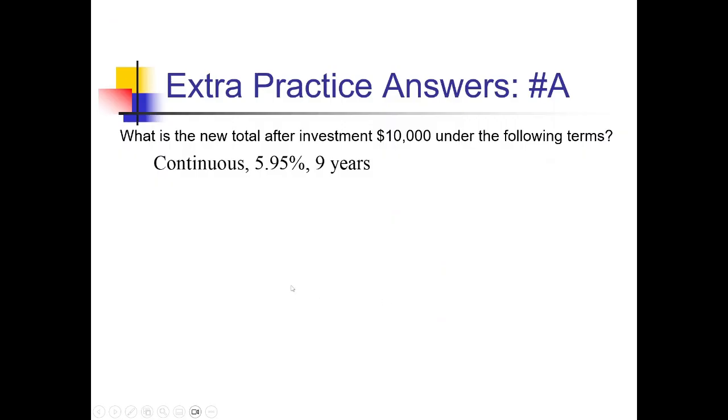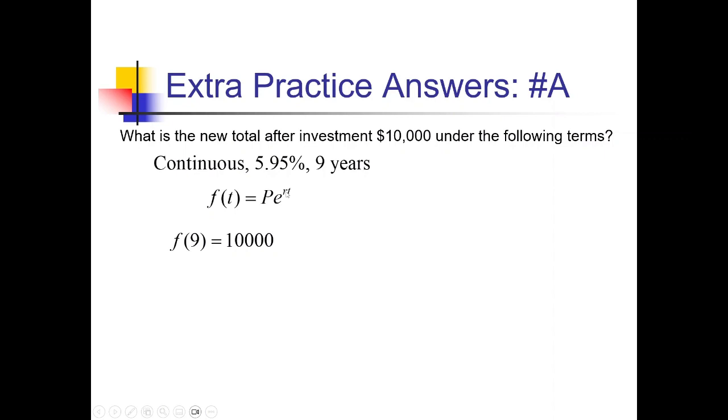For our first plan, we are given continuous compounding at 5.95% interest for 9 years, $10,000 for this. Because I've got continuous compounding, I'm going to be using my PERT formula, f of t equals P times e to the rt. For the principal, I've got 10,000. I've got e, that's its own thing.